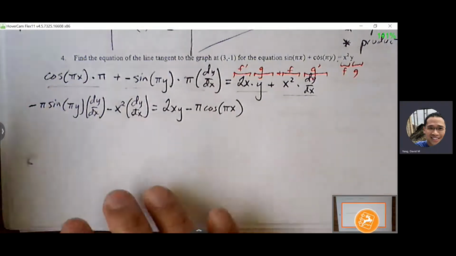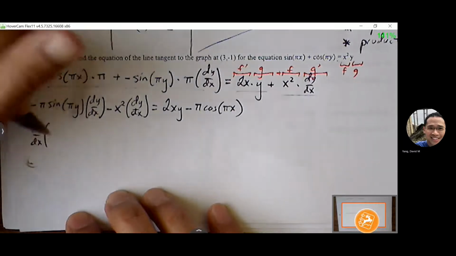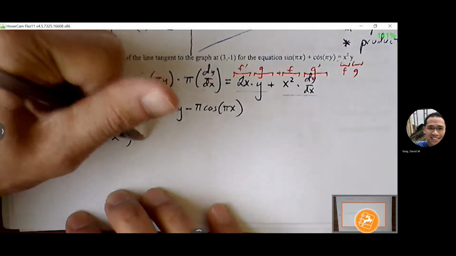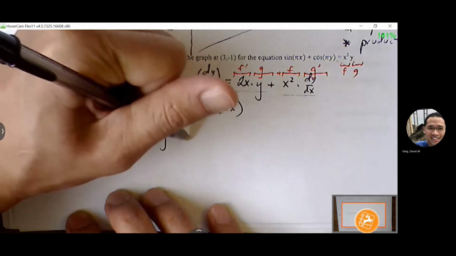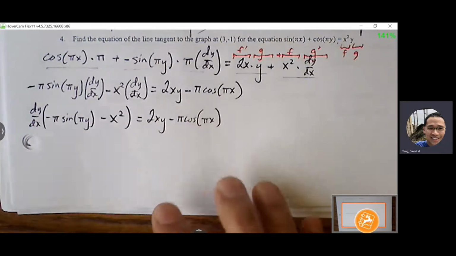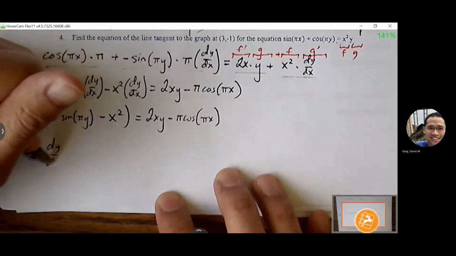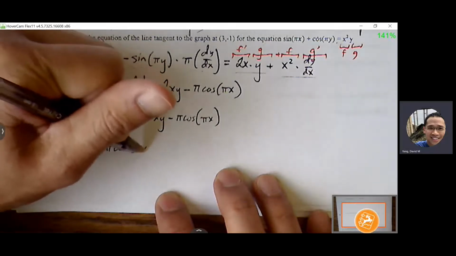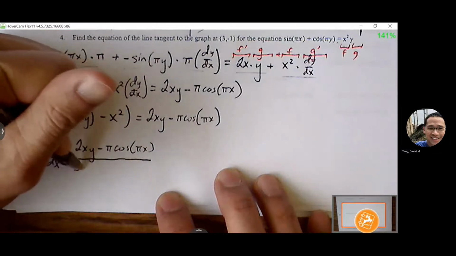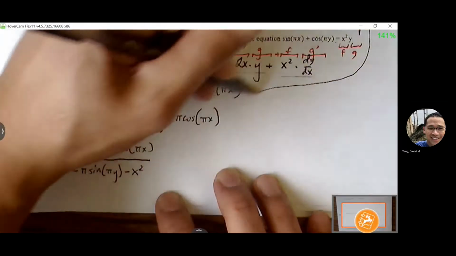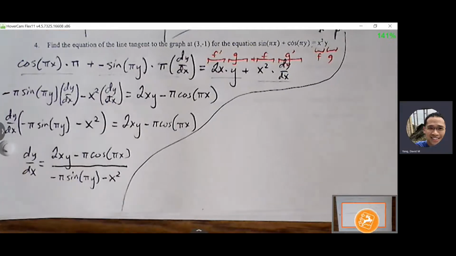Okay, factor out dy dx. Divide the parentheses over, isolate dy dx. Okay, so now we're ready to evaluate the derivative at a point.